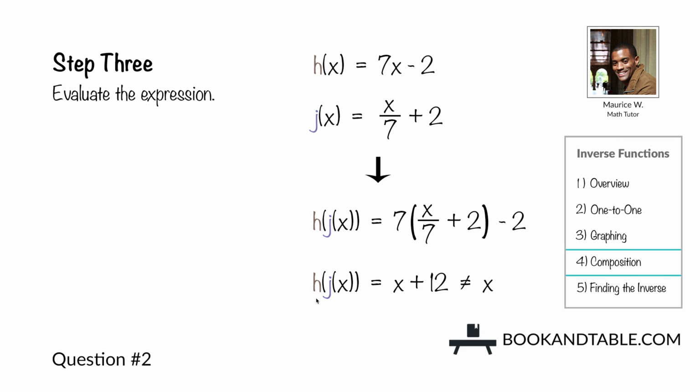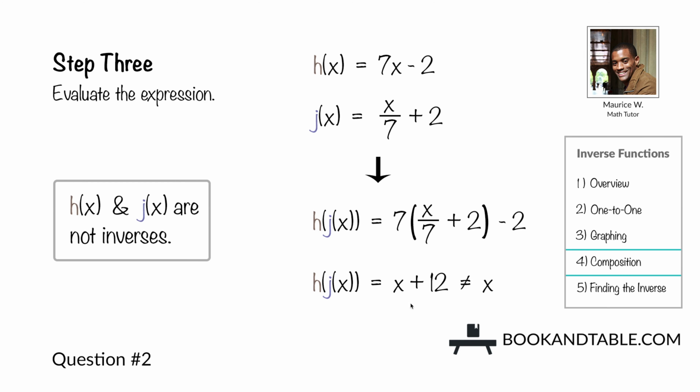So we get h of j of x is equal to x plus 12, and that does not equal x. So since we did not get x, that lets us know that h of x and j of x are not inverses. We do not need to test j of h of x, since h of j of x did not result in x.